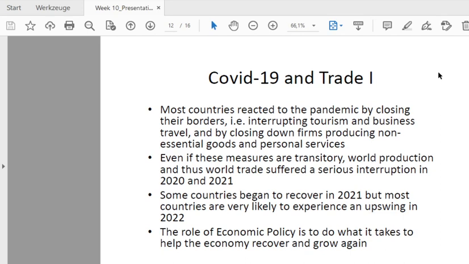Once the vaccine is there and can be distributed, then of course the need for a lockdown disappears.